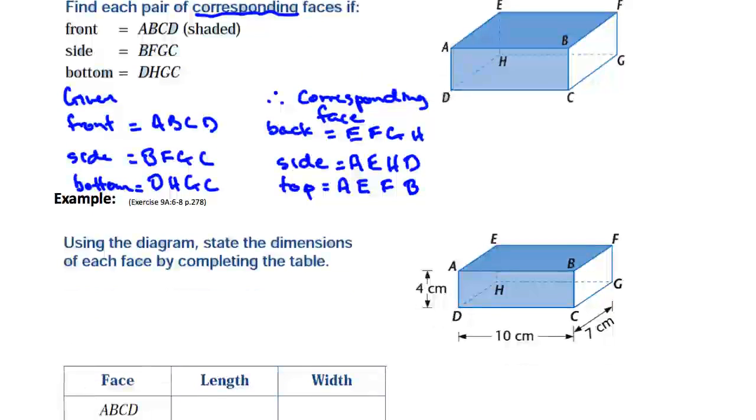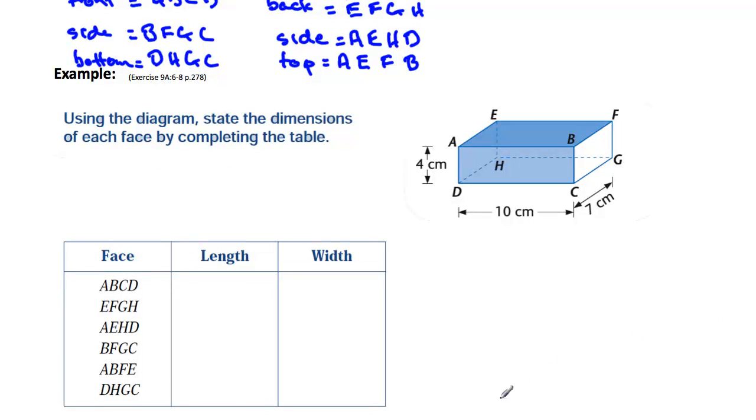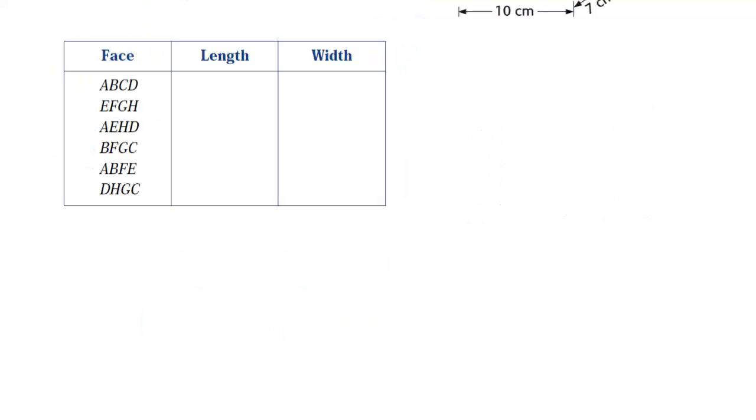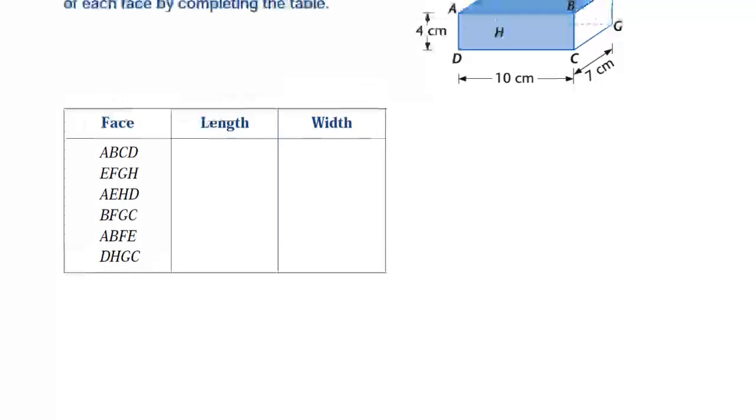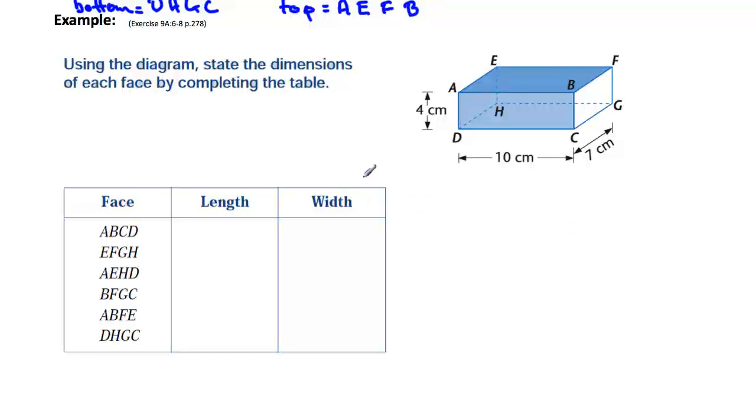So let's look at one other example. I'll just extend this up the page a little bit so we've got plenty of room. In this particular one, we're using the diagram to actually state the dimensions of each face. And the dimensions of a rectangle include one length and one width, because the opposite sides are equal. So we only need to have one length and one width.